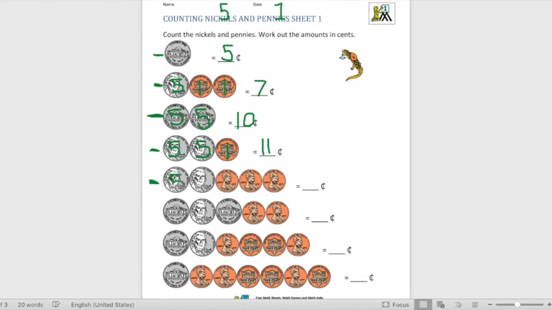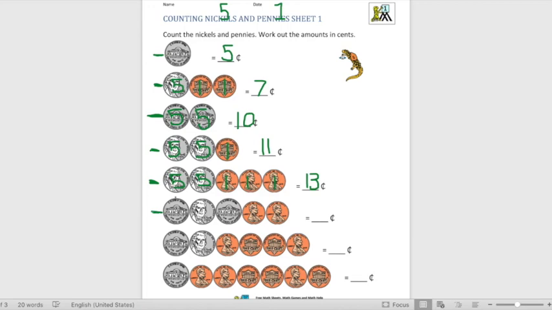We have 5, 5, 1, 1, and 1. So we have 5, 10, 11, 12, 13. 13 cents.